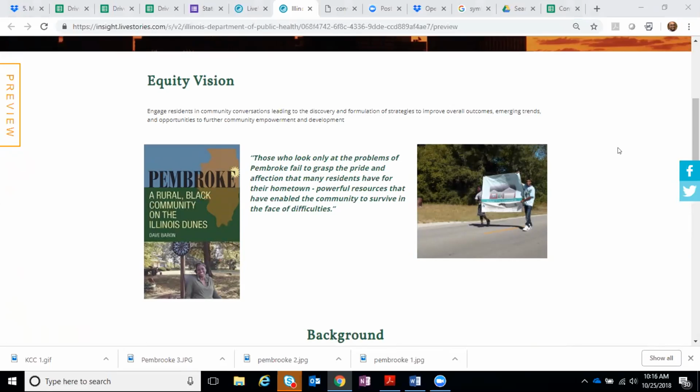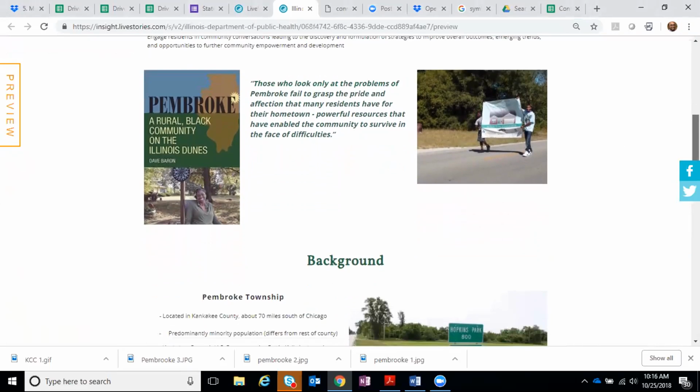Our vision overall is to engage residents in community conversations leading to the discovery and formulation of strategies to improve overall health outcomes, and to identify opportunities to further community empowerment and development. When we were looking at this project, we chose Pembroke Township. For one thing, it's in a prime location.